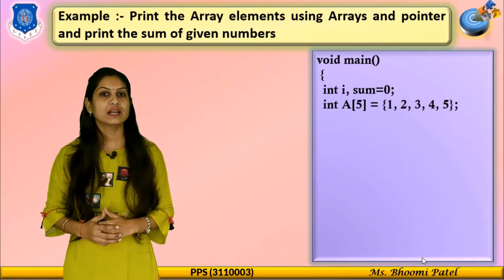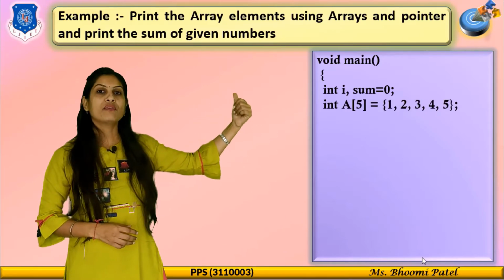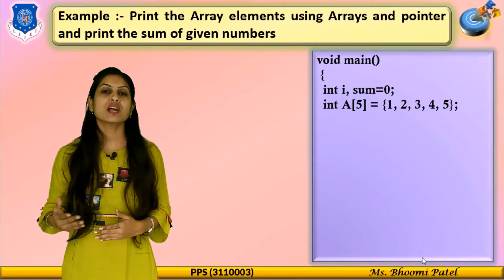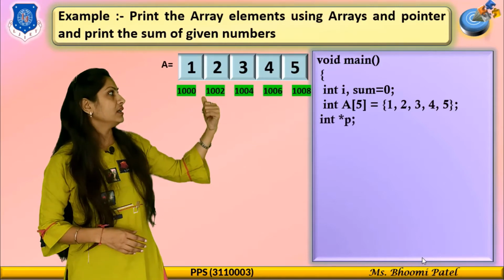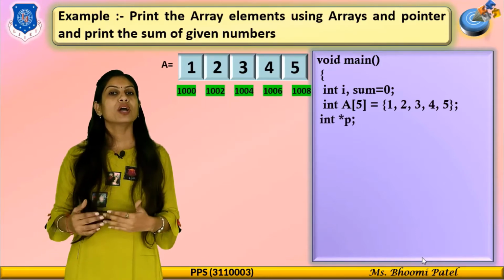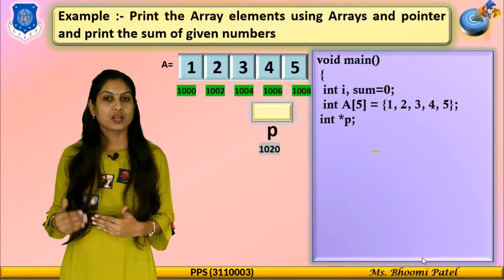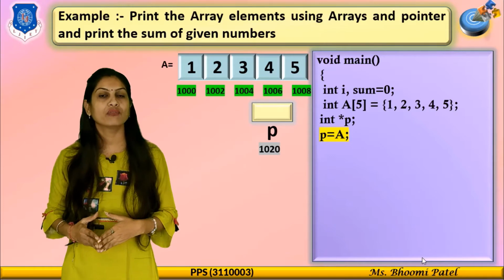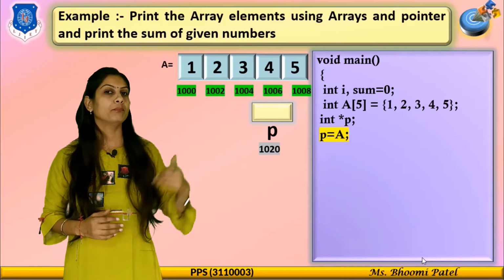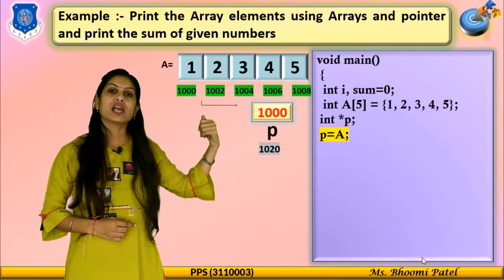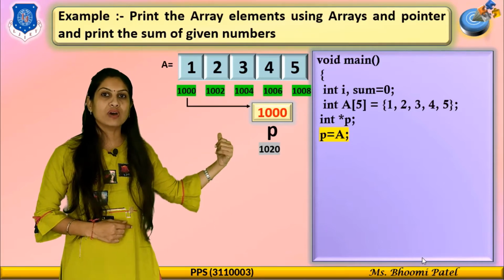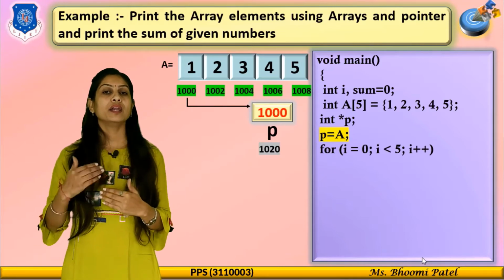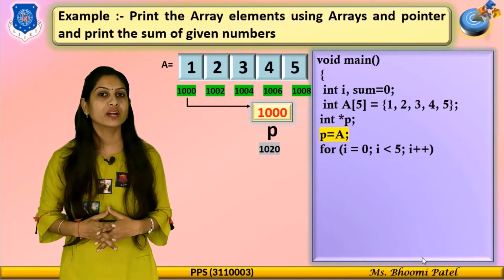Then we declare our array integer a of 5 equals 1, 2, 3, 4, 5, and then we declare our pointer integer star p. Now this pointer points to the first element, so we can write p equals a or p equals address of a of 0. Here I am using p equals a, meaning our pointer has the first address, that is 1000. Clear?